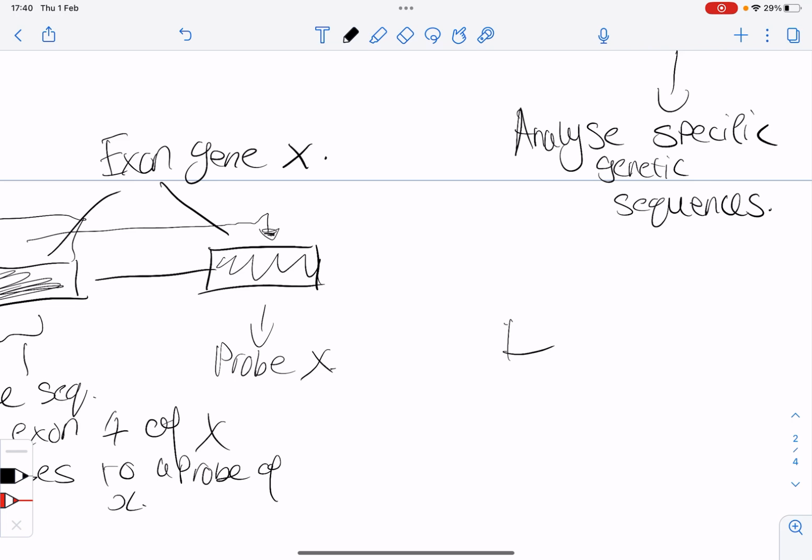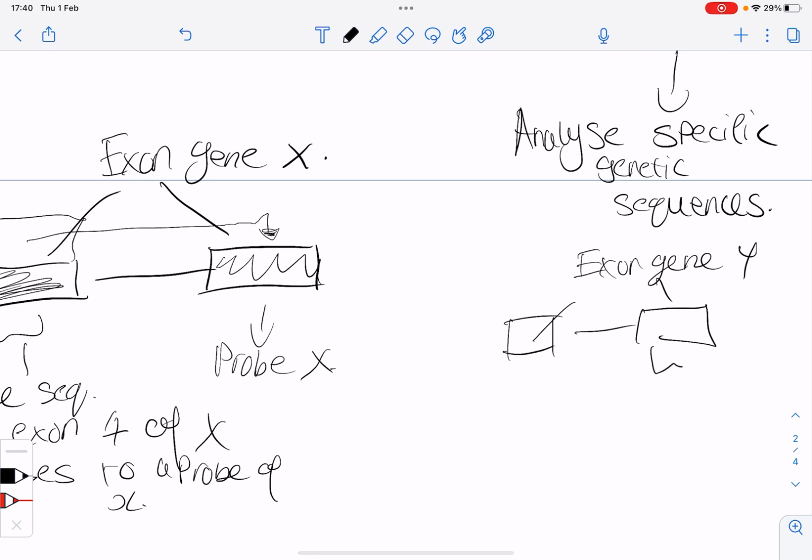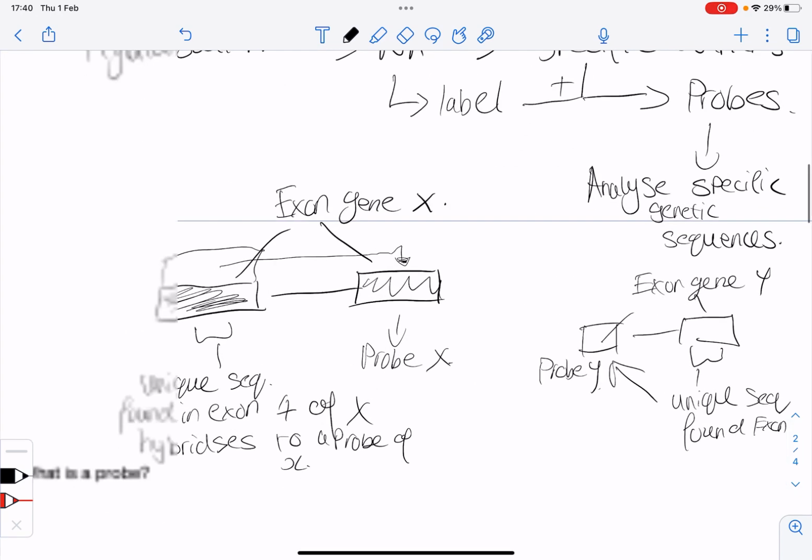If we have another sequence, let's label this exon gene Y. We have a unique sequence here found in exon 2, and this hybridizes to a probe of Y. So it's pretty straightforward.